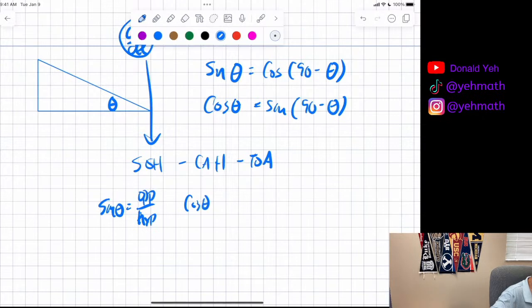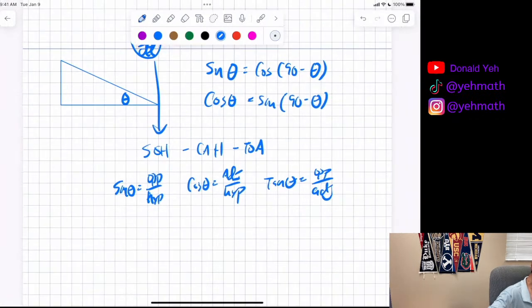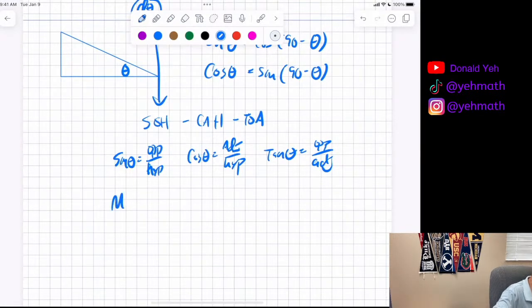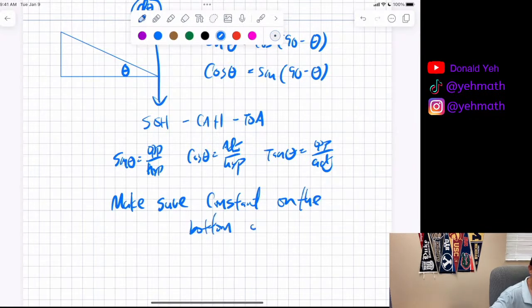The cosine of theta is equal to adjacent over hypotenuse. And the tangent of theta is equal to opposite over adjacent. Now, you need to make sure, and you're going to write this down, make sure the constant is on the bottom. We're going to talk about that later, of the trig ratio.